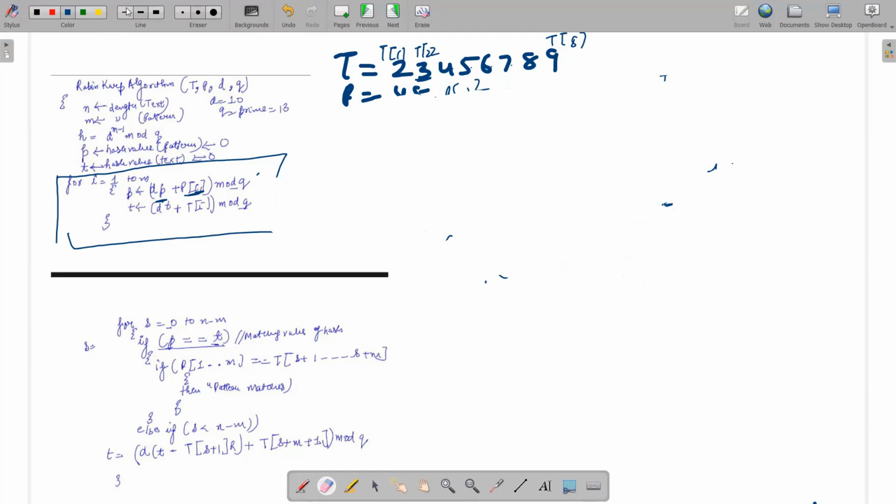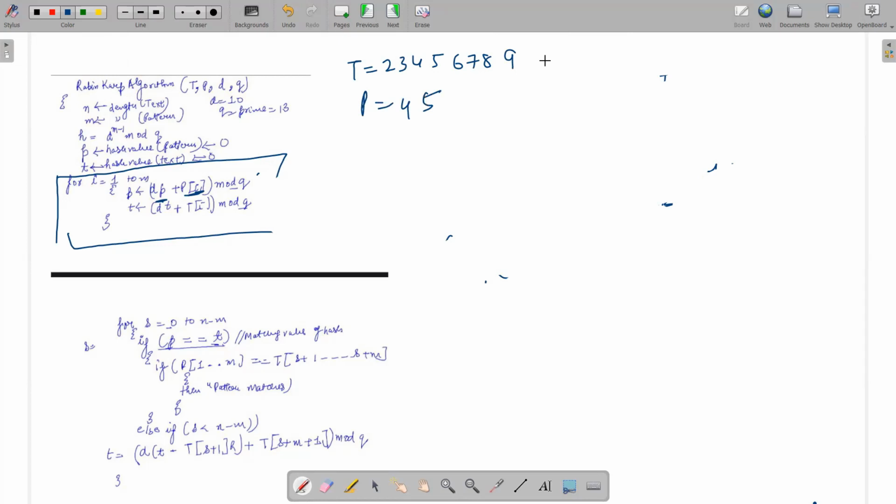Let me just frame this again. Your text value is 2, 3, 4, 5, 6, 7, 8, 9. Your pattern is 45.